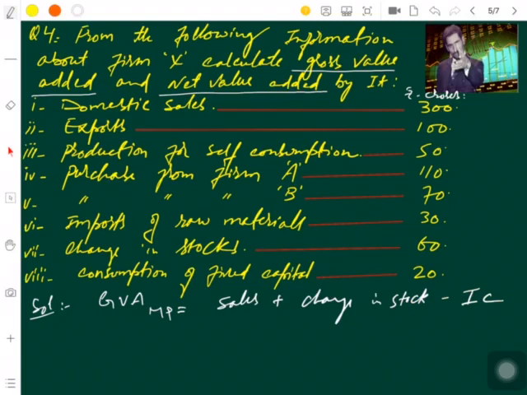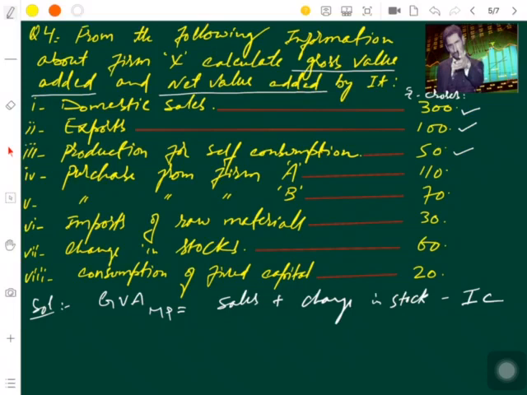The sales have not been given as they should have been. If it had been indicated as sales of this much, we would have taken them directly. But what we have been given is domestic sales, production for self-consumption, imputed, you remember, and exports as well. So these three things have been given separately.